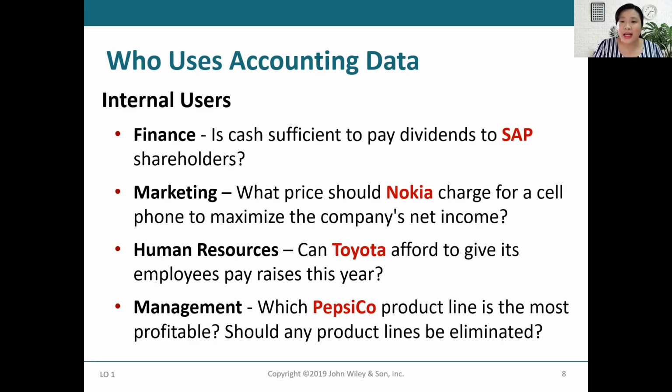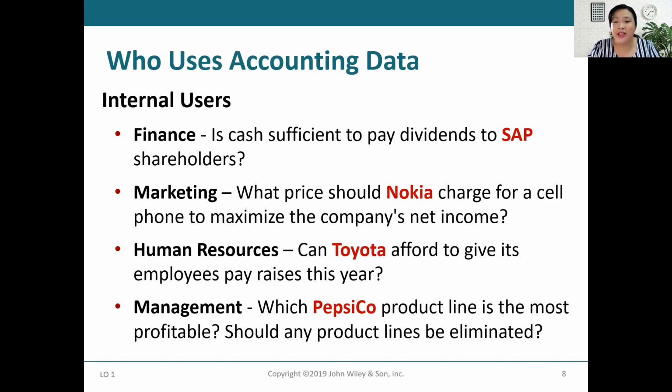For marketing, they need accounting data because they want to know, for example, how much price they should charge for a new product to maximize their income. Or human resources, they need accounting information because they want to decide whether they should increase the salary for the employees or not, or how many employees should they hire.